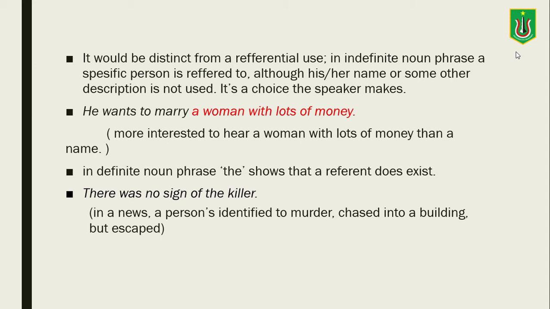In a definite noun phrase, the shows that a reference does exist. There was no sign of the killer. If a particular individual had been identified as having done the killing and had been chased into a building but escaped, then uttering the sentence there was no sign of the killer is about that individual.